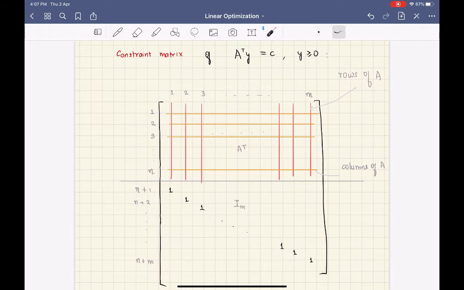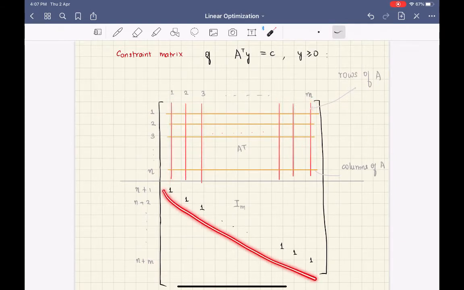There are n columns. So you have this part is the columns of A, and these things are the rows of A. So there are m rows, so these pink lines will be the rows.